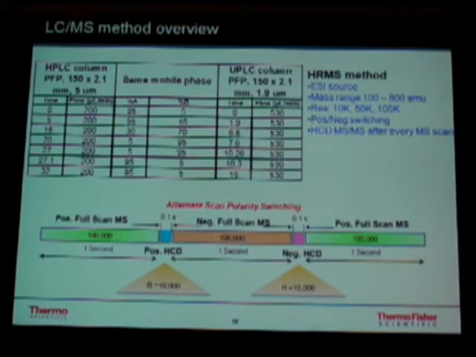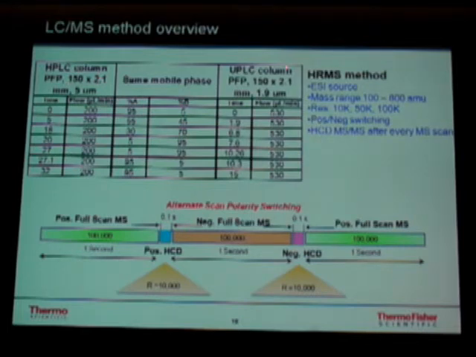This slide basically shows the gradient used and the column, and this work was done using two different kinds of HPLC systems. One was a traditional HPLC, which used a 150 by 2.1 millimeter column.